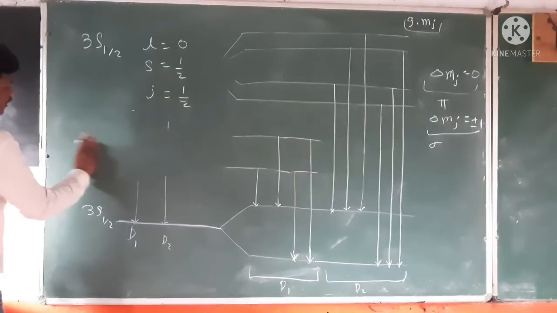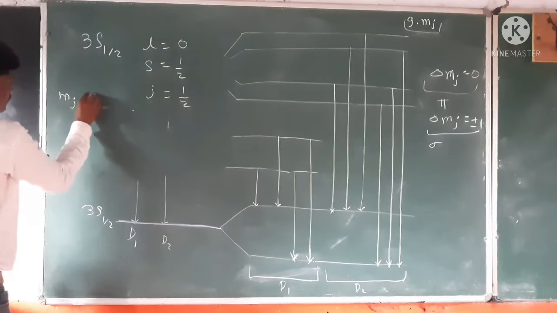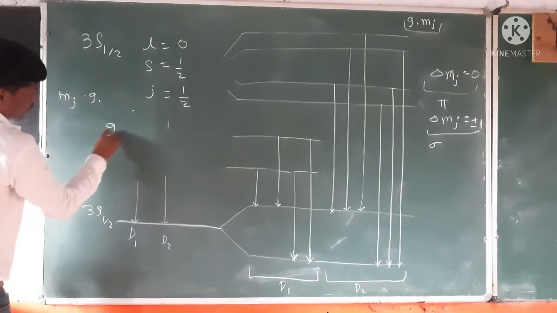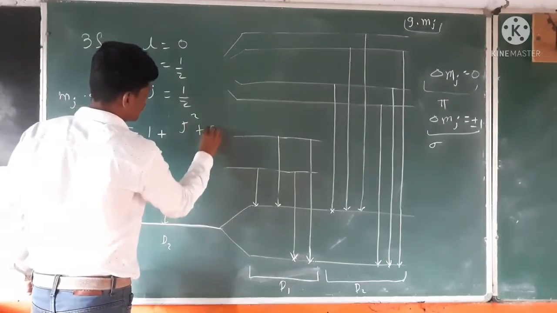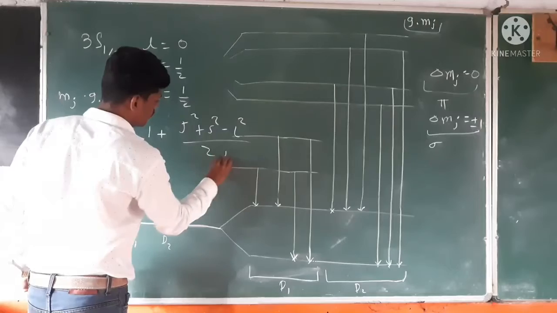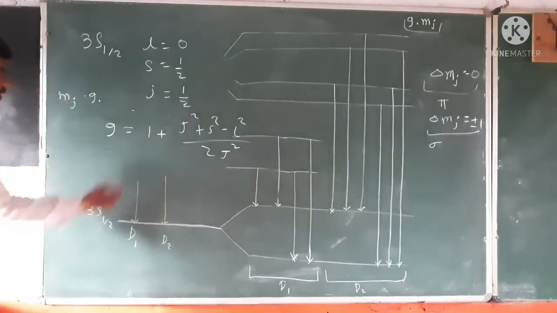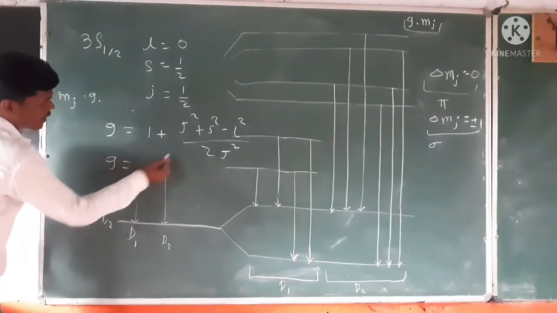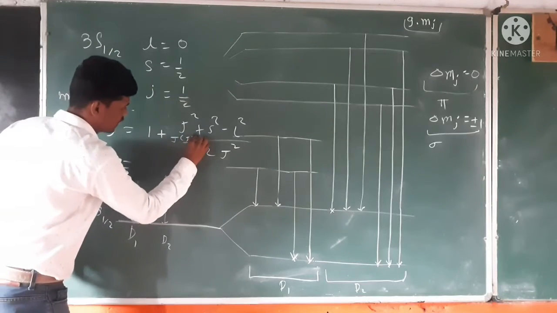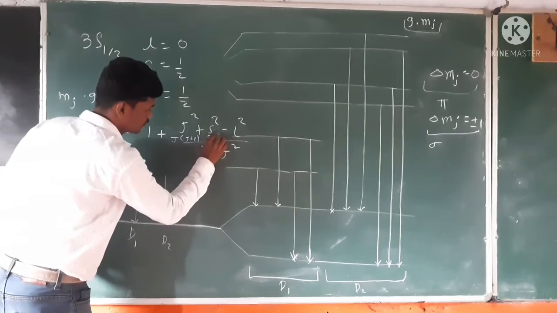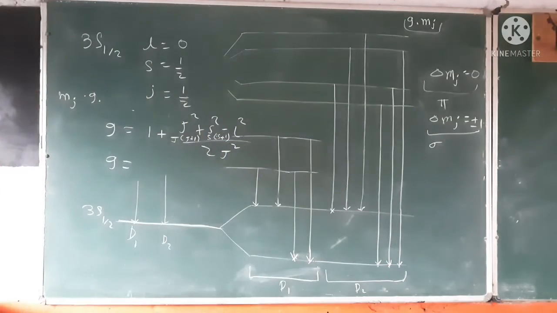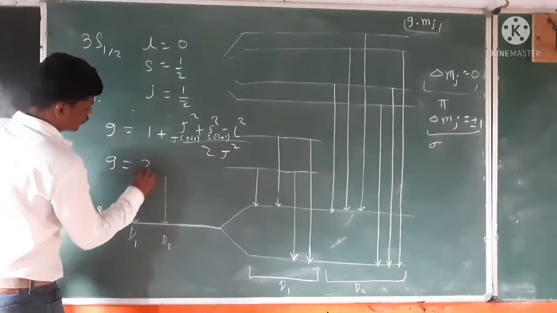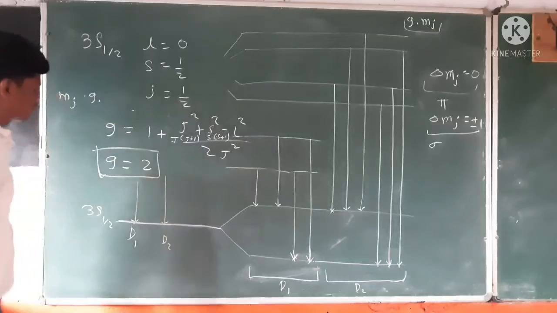Now we need m_j g. The Landé g is 1 plus J(J+1) plus S(S+1) minus L(L+1) over 2J(J+1). Putting in the values of J and S and calculating, we get 2. So the Landé g factor for this line is 2.